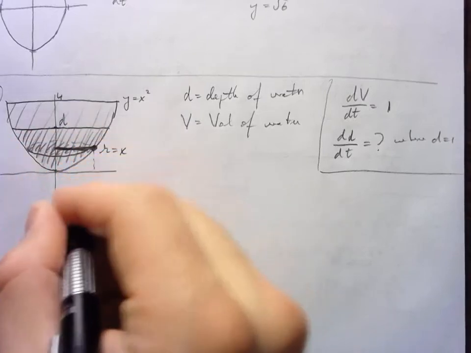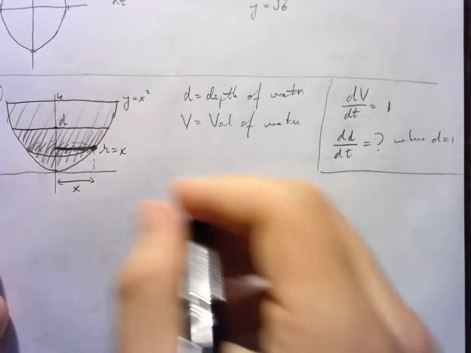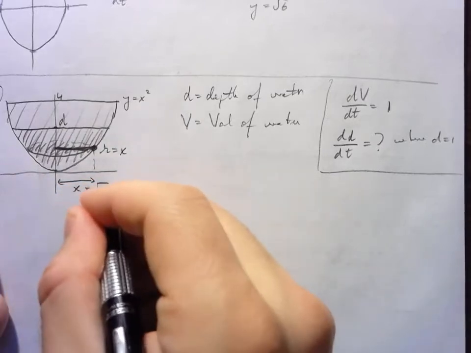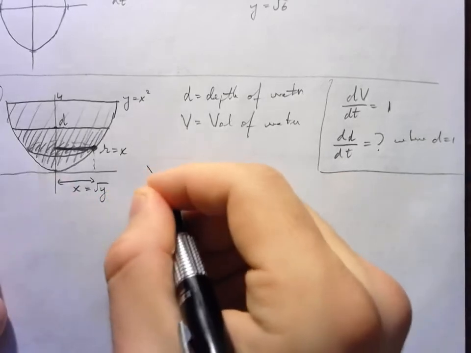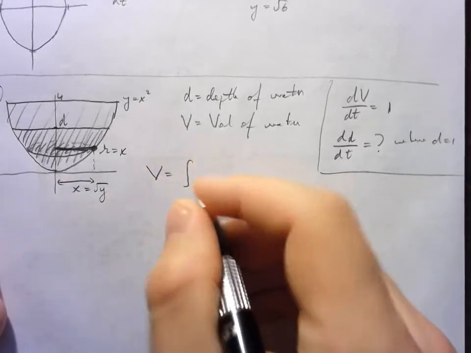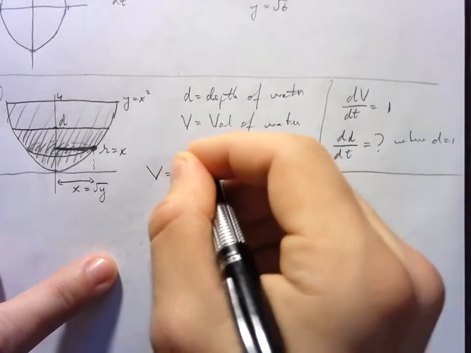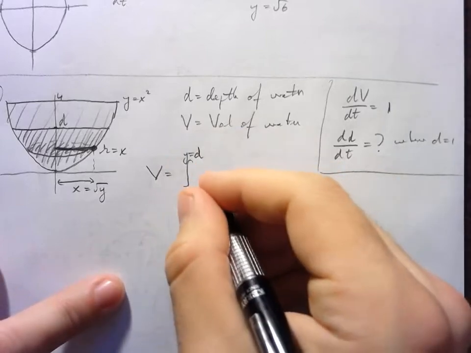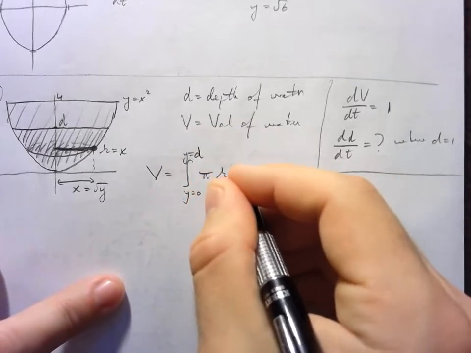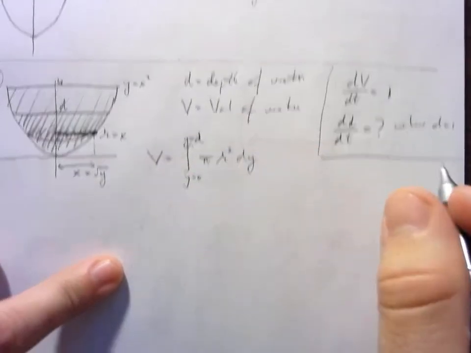Once I project that down, that's the x-coordinate, and that's the square root of y, and I'm revolving that about y, so the volume is going to be given by the integral as y goes from 0 up to y equals d, the total depth, of pi radius squared dy.